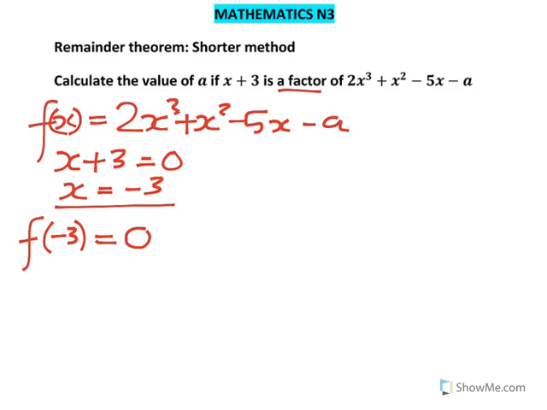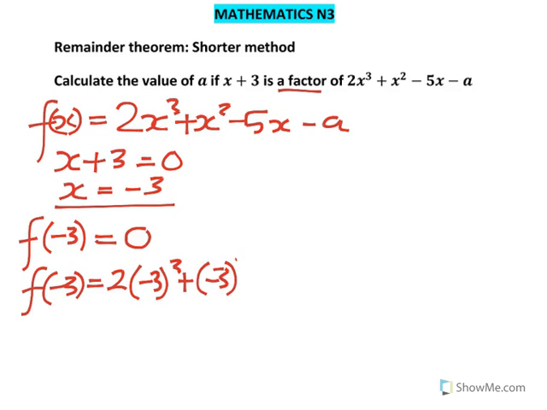Now let's put it in f of x. So we're going to put f of minus 3. This is equal to 2 times minus 3 cubed plus minus 3 squared minus 5 times minus 3 minus a, and they're telling us because it's a factor we must get 0.